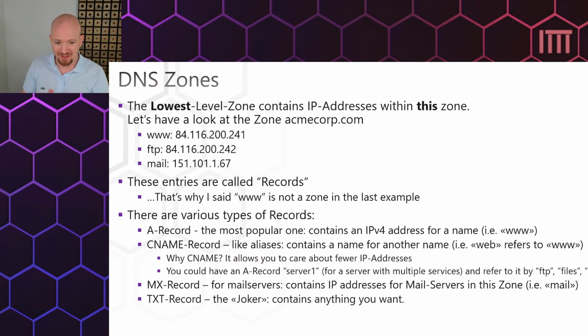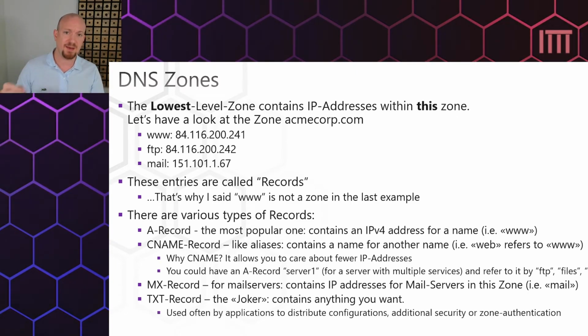And then there's the TXT record, which is kind of the joker record you can use for anything you want. It's often used by applications to distribute configurations if it's not done by DHCP, or for additional security or zone authentication.